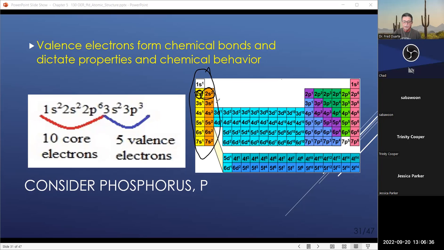Let me back up for a second to make sure we're on the same page. If I'm looking here at beryllium, beryllium occupies the 1st and the 2nd energy level. Okay, so beryllium, everybody in that 2nd period has 2 energy levels. That's it. Okay, and its 2 electrons in the outermost shell, which we call valence electrons, occupy the 2s2.